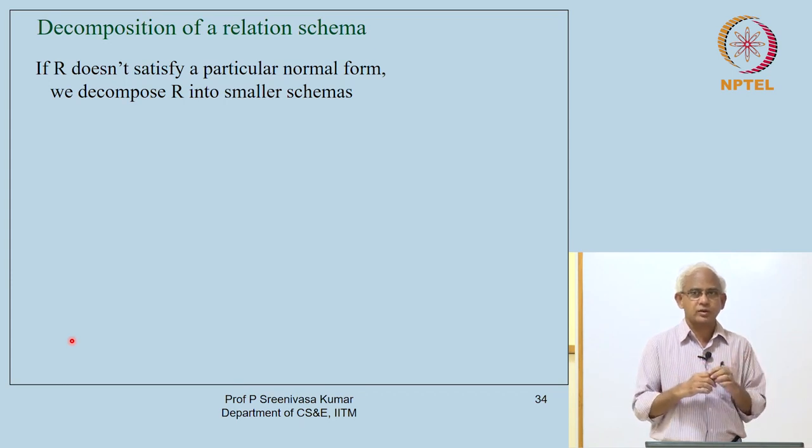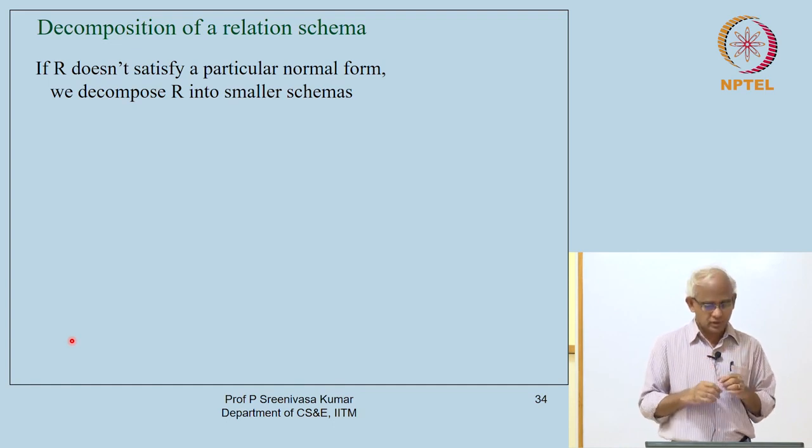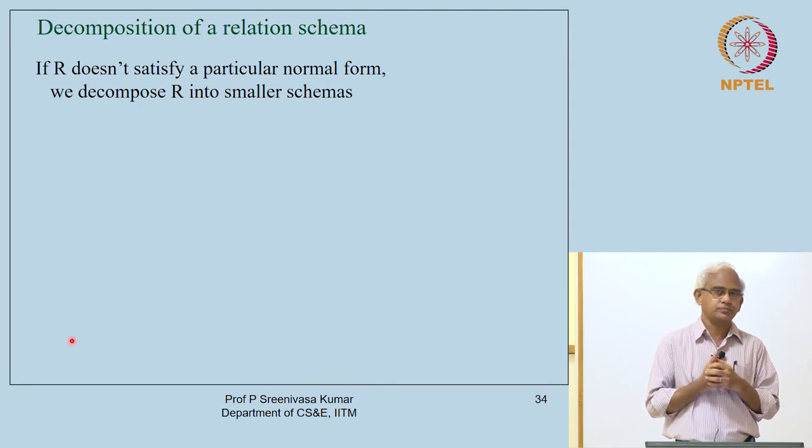We redistribute the attributes in the relation into two different relations, and then we see that the same information is represented here, and each of those individual relations are satisfying the normal form that we are looking for. Like for example, if it does not satisfy third normal form, we have decomposed that relation into two, and then we have seen that both of them now satisfy the third normal form.